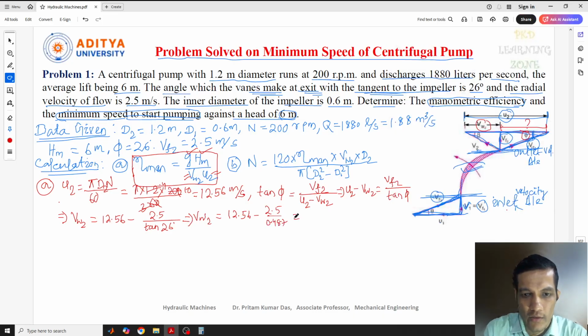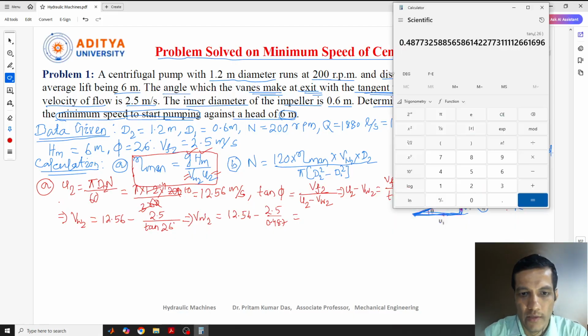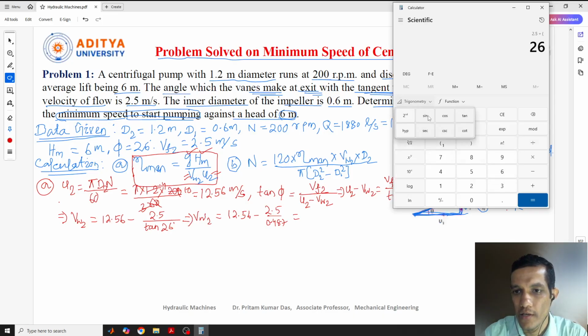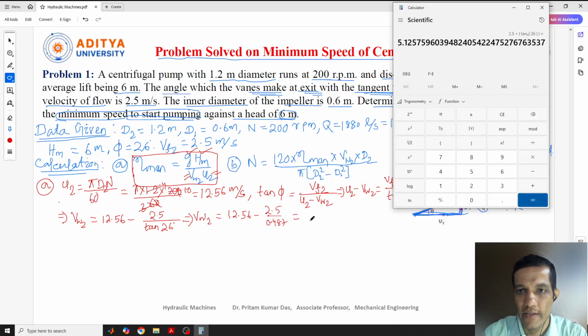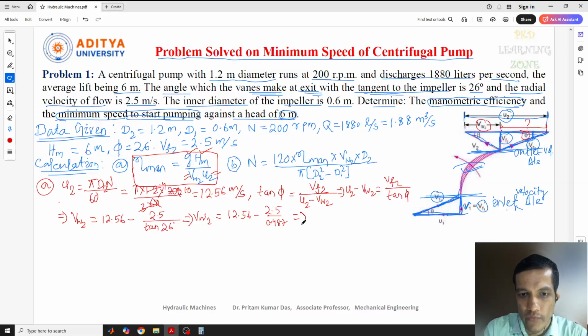Otherwise, one more time: 2.5 divided by bracket start, tan 26, bracket close, the same thing came. So you'll get the value of 5.125.